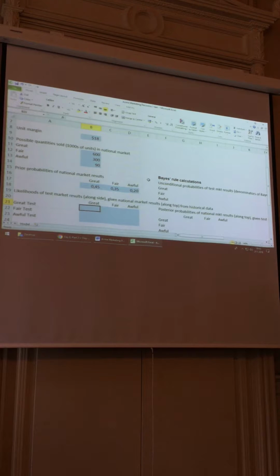So I think what they're saying is this cell is a great test given it was a great product nationally. 0.64. Is that 0.64 over there? Okay, 0.64. And this one is great, fair test, given it was a great product nationally. 0.26, and 0.10.